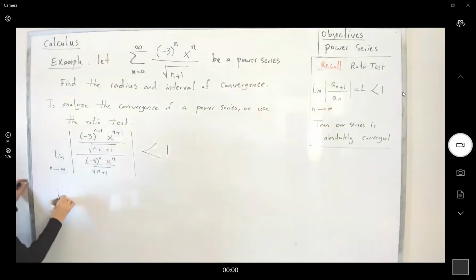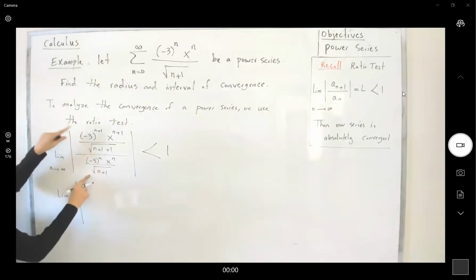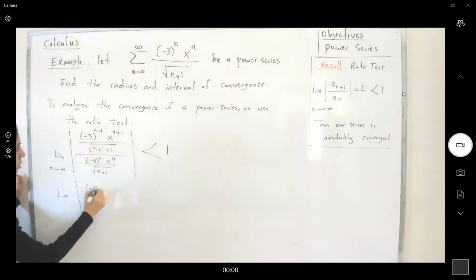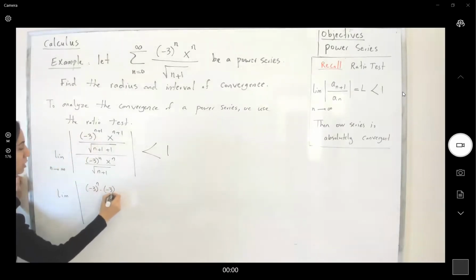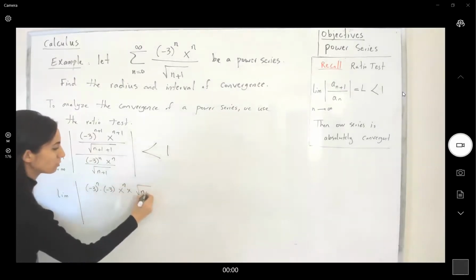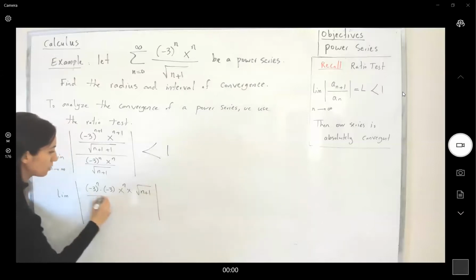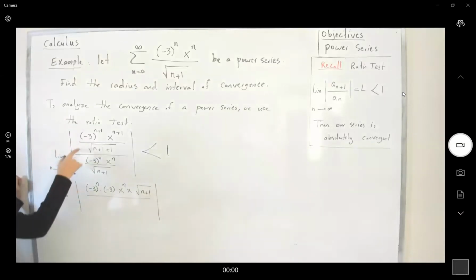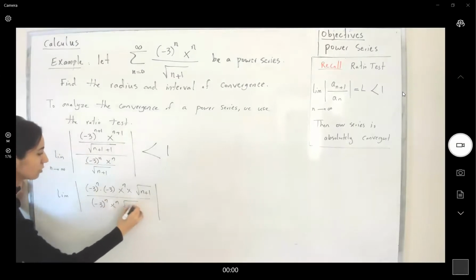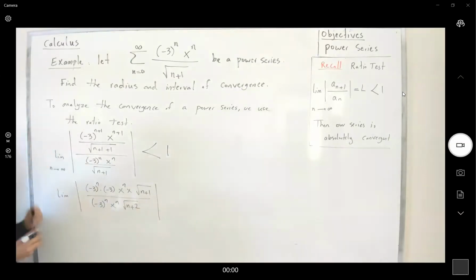This limit can be written as, so we're going to multiply the first numerator and the last denominator, negative 3 to the power n times negative 3 times x to the n times x times square root of n plus 1 divided by, and we're going to multiply the first denominator and the second numerator, and we get negative 3 to the power n, x to the n, square root of n plus 2.